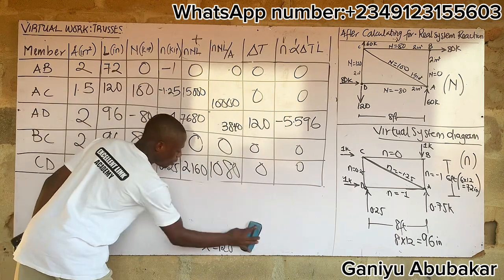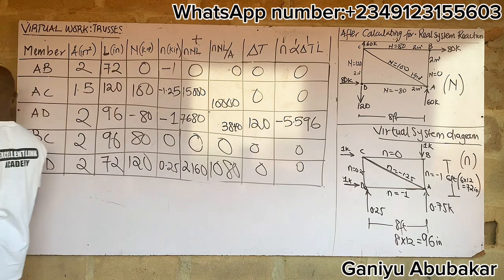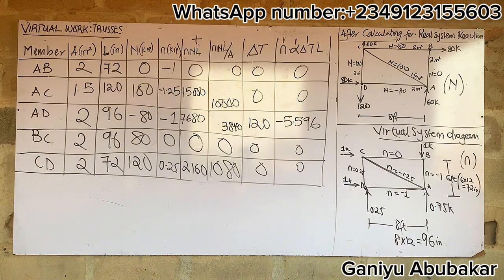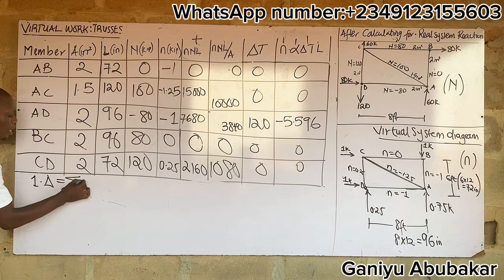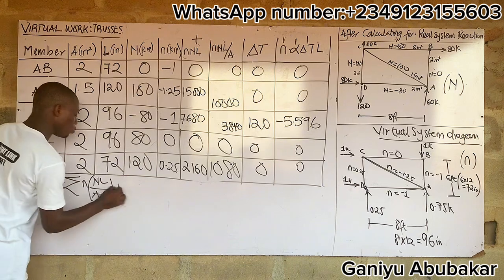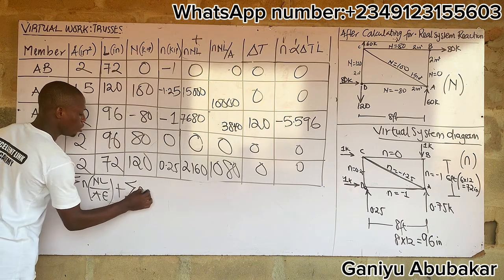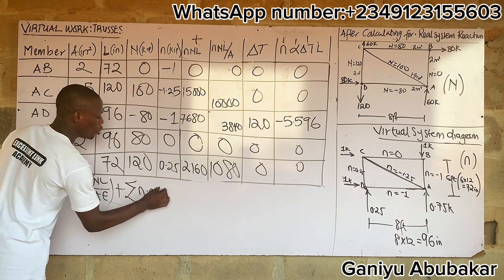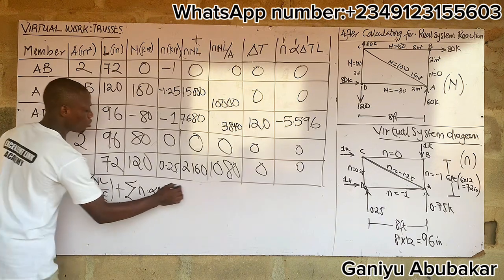Recall back your formulas. So we said the formula for joint trusses is given as 1 dot change equal to summation n nL over AE, plus summation n dot alpha L change in T, plus summation n dot change in L.